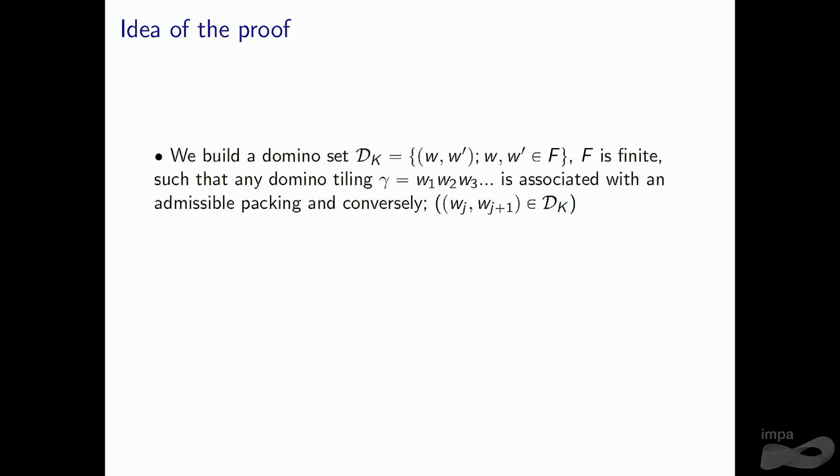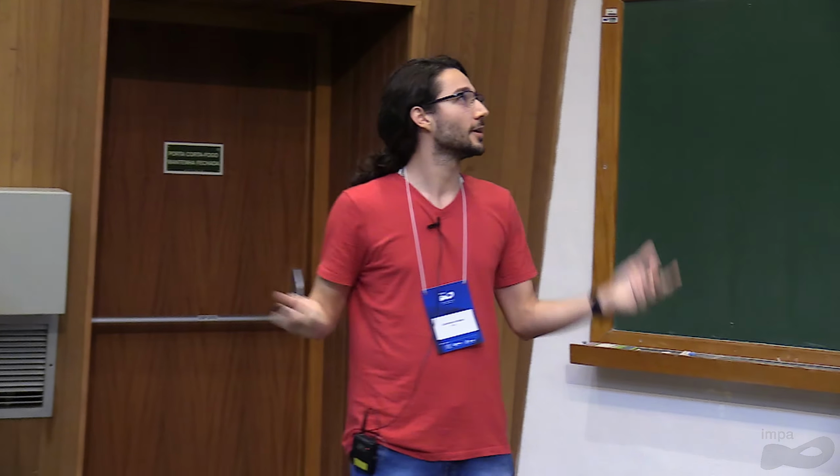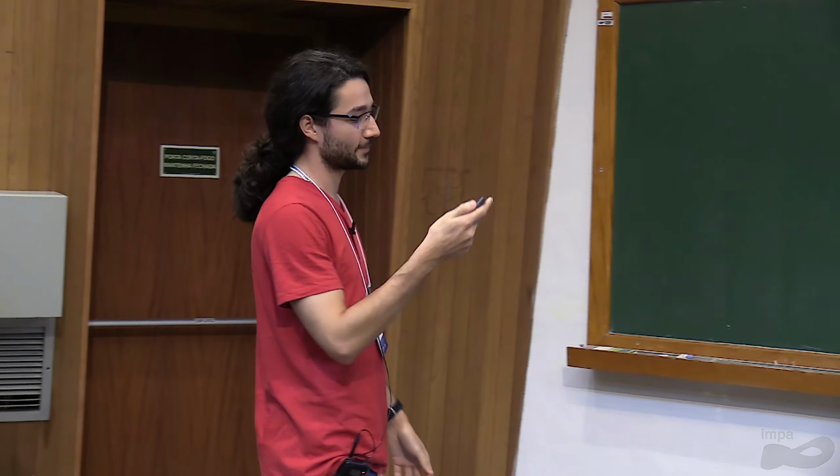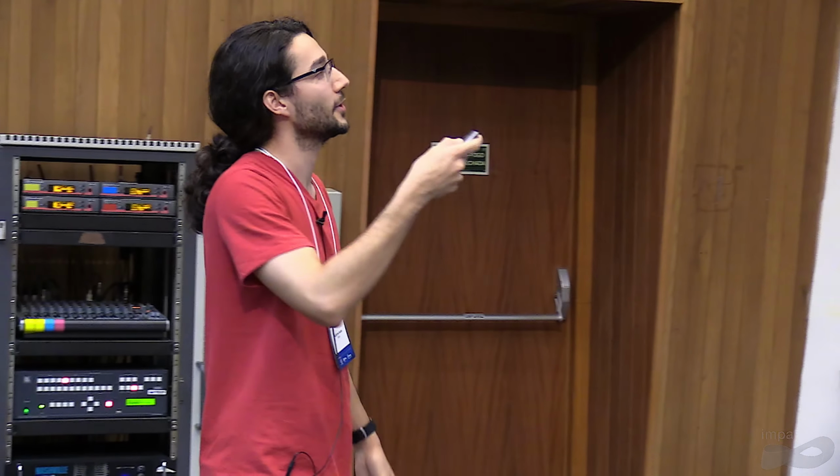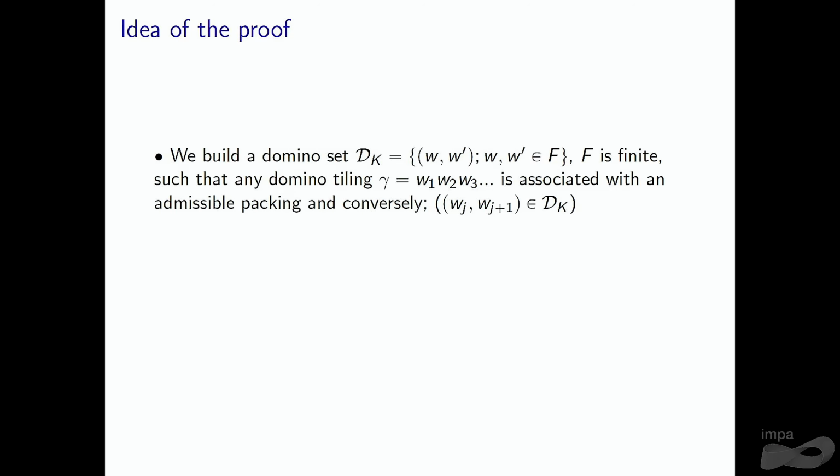So for any infinite domino tiling, you can associate a packing. And for any packing, you can come back and associate an infinite domino tiling in a one-to-one way, injective and surjective. And so instead of looking at packings, you can look at these domino tilings.